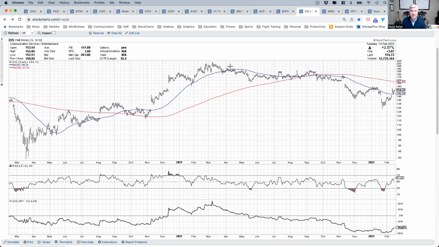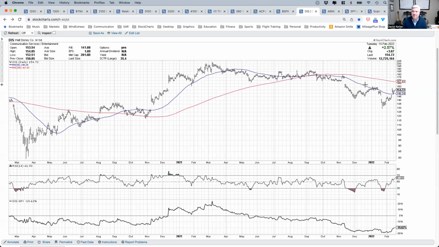Instead of making higher highs, we're making lower highs. Instead of eclipsing previous resistance, we're unable to break above resistance. I would say for Disney, its inability to get above this 185 level, which was resistance in April and May of last year, then resistance again in July, August, September, we then break down. We make a new resistance level and we don't get above there. We went from remaining above the 200-day moving average to below the 200-day moving average and failing to get back above it on a number of attempts.